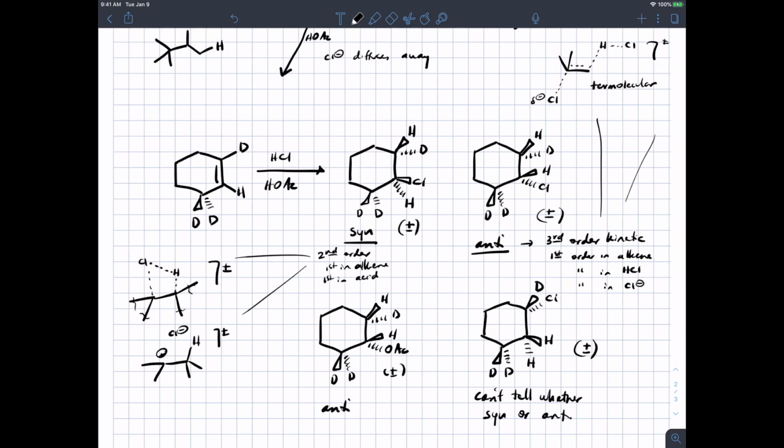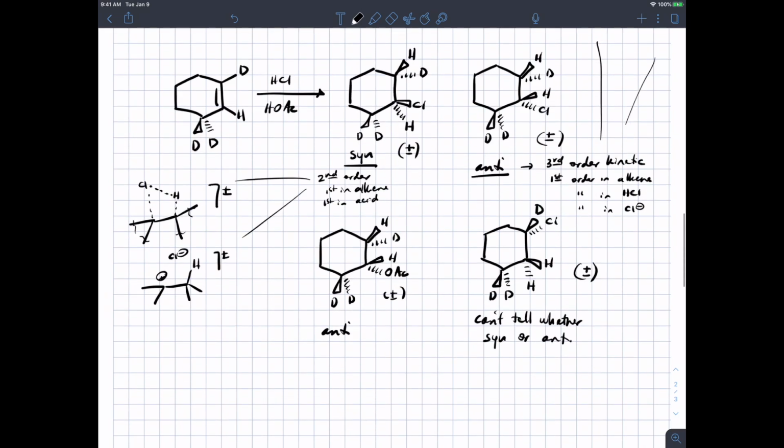It's statistically hard enough to get a binary bimolecular collision, but to have three things come together simultaneously, that's really hard. And so what it likely is is a collision of the alkene nucleophile with HCl to create a weak complex, and then you get in another step a bimolecular collision of that complex with chloride.